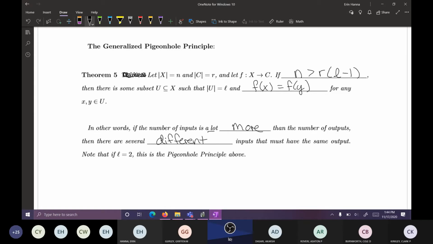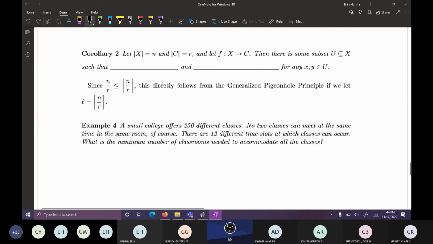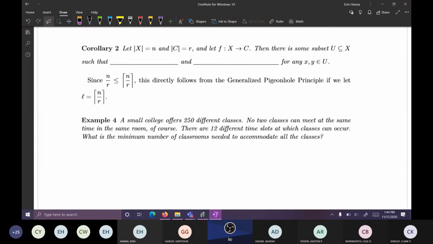Now, there's a corollary to this. A corollary, if you don't know, is just a thing that comes from a theorem. So a corollary to this is the thing that we're mainly going to use. What that corollary says is, let the amount of inputs be n and the amount of outputs be r, because we're defining the function between the two.